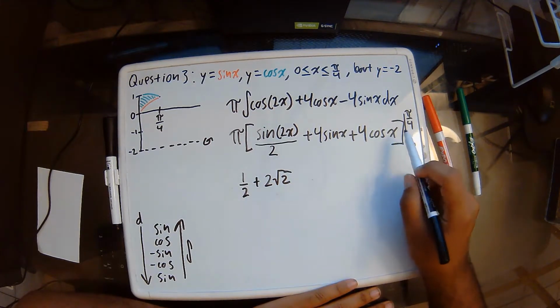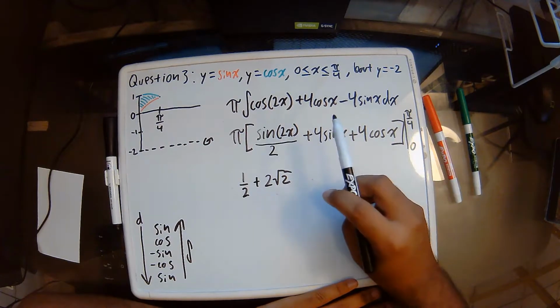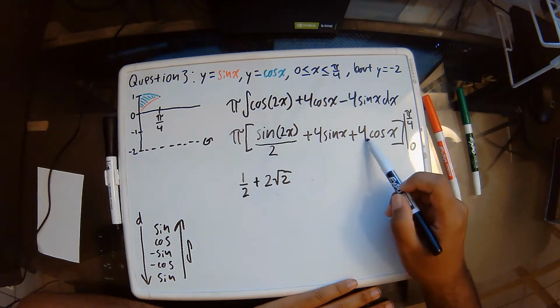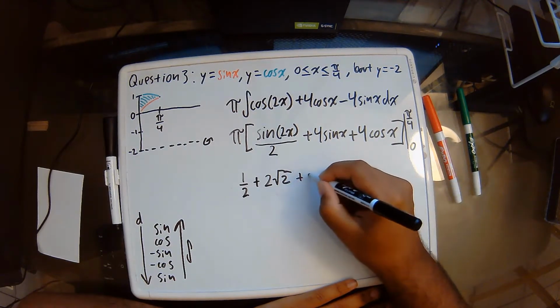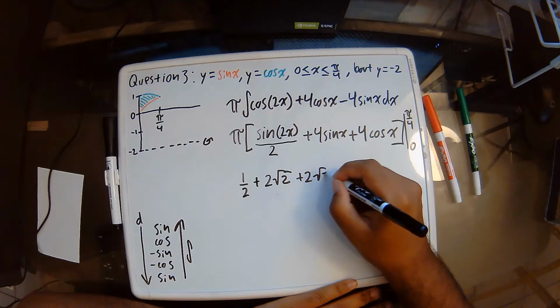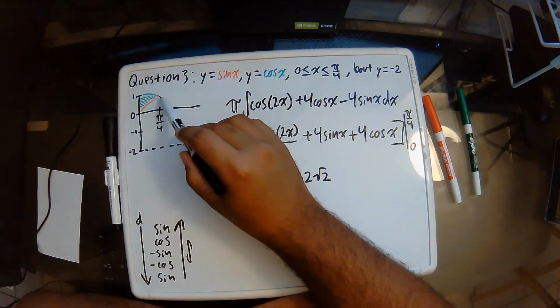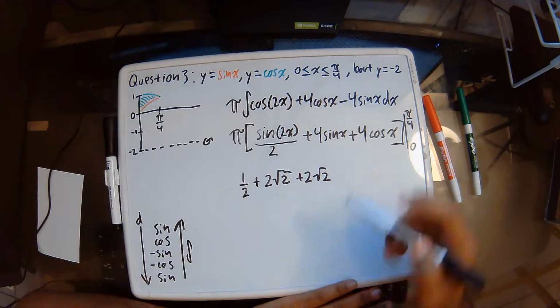Cosine of x is at the same point, meaning that it will also equal root 2 over 2, and then with the 4 would equal another 2 root 2. We can see this on our graph, they meet there, that's the same exact point.